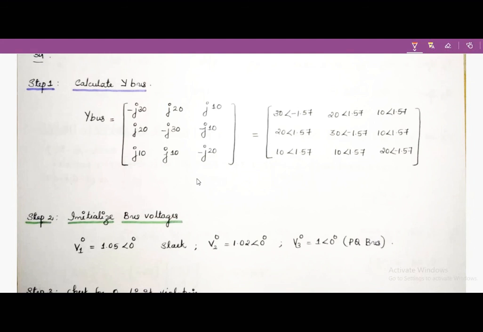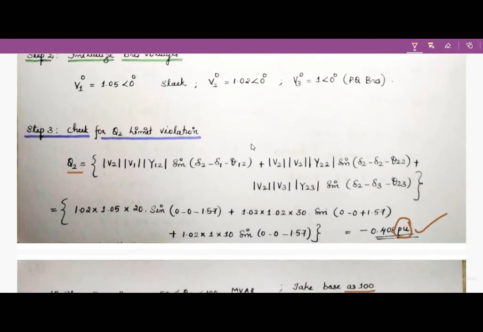B is the imaginary part of the admittance. So what is B22? B22 is the imaginary part of the admittance Y22. From this, where is Y22? This is Y22. What is its imaginary part? Is it 30? No, it is equal to minus 30. Am I clear? And what is this actually? This is Y23, or imaginary part of Y23 means 10, that is B23, like that.